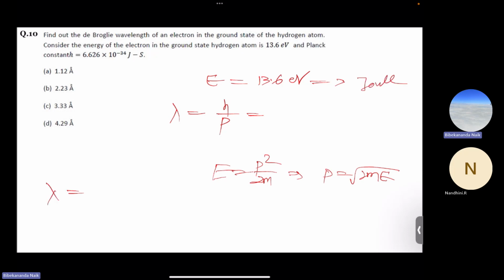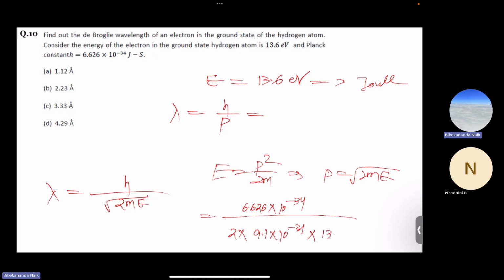So lambda will be h by root over 2mE. So h is 6.626 into 10 to the power minus 34 divided by root over 2 into, here m will be what? Mass of electron, because here we are calculating the de Broglie wavelength of the electron. So it will be 9.1 into 10 to the power minus 31 kg into energy E. It will be 13.6 into 1.6 into 10 to the power minus 19, because 1 electron volt is 1.6 into 10 to the power minus 19 joule.